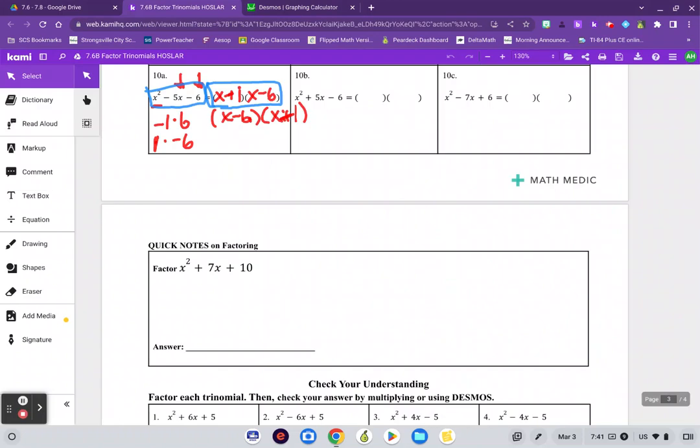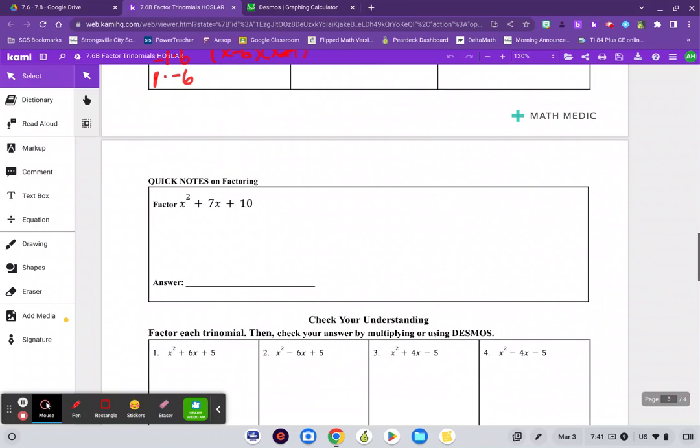All right, so let's fill out this quick notes box, and then you'll have a chance to try some on your own. So when we factor, to factor means that we're going to break apart into two factors. So first little note here, to factor means to rewrite as multiplication.